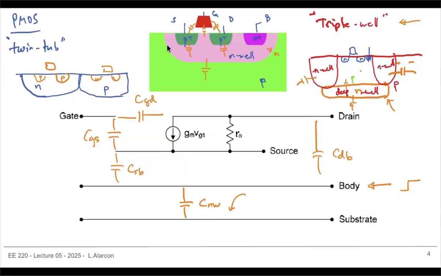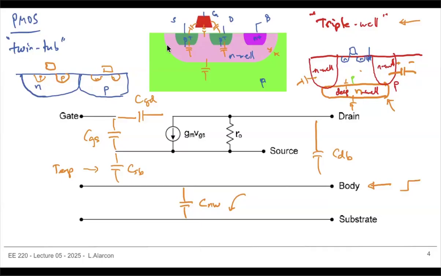And as you probably would imagine, the p-n junction capacitances also change with temperature, right? Because they're semiconductors, these capacitances change with temperature, less so on the parallel plate.